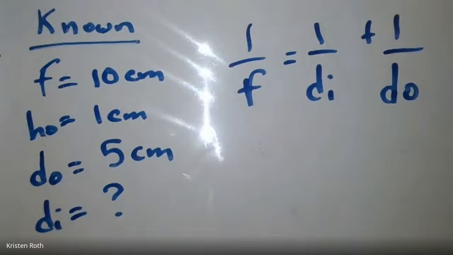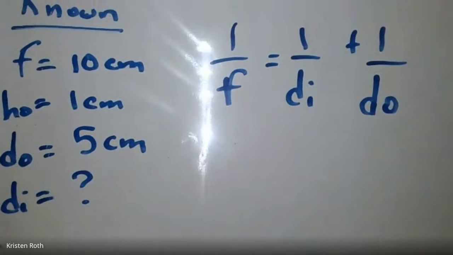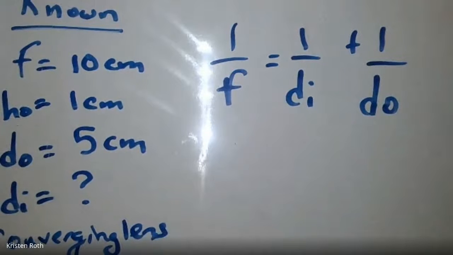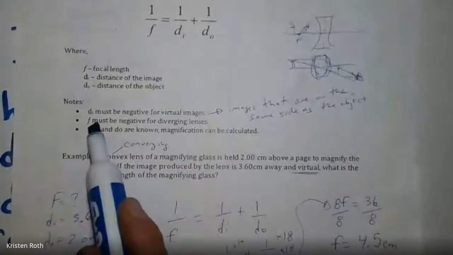So we're dealing with a converging lens. And sometimes I like to write this down. I like to write out exactly what kind of lens we're dealing with. So it's a converging lens. Hopefully you know, a converging lens gives you both real and virtual images, which is good to know because if this is a virtual image, the DI must be negative.